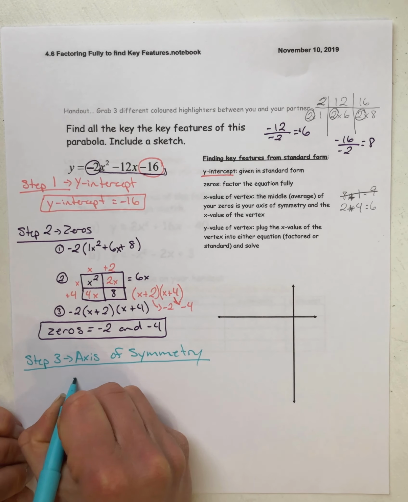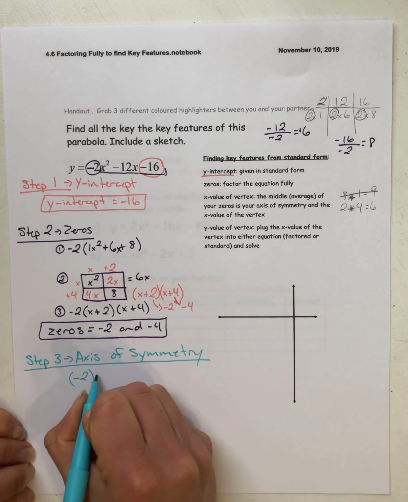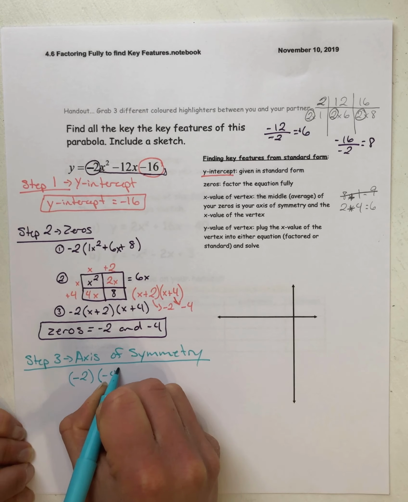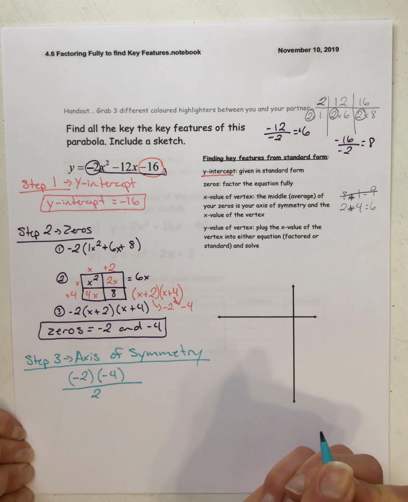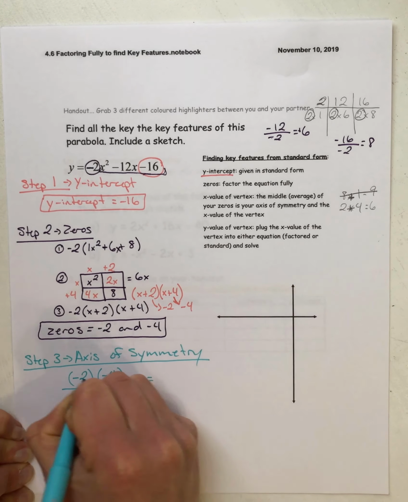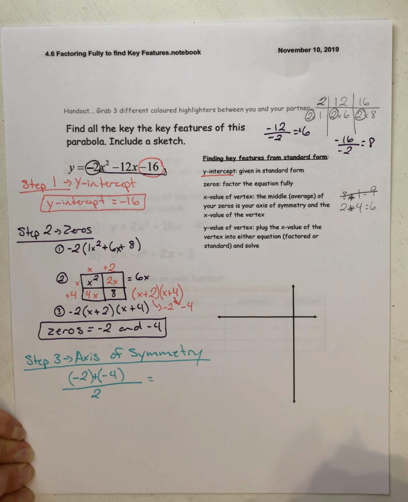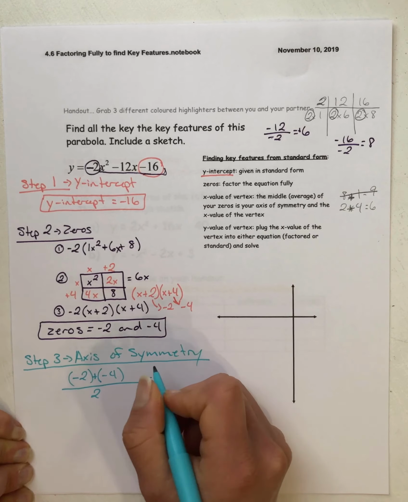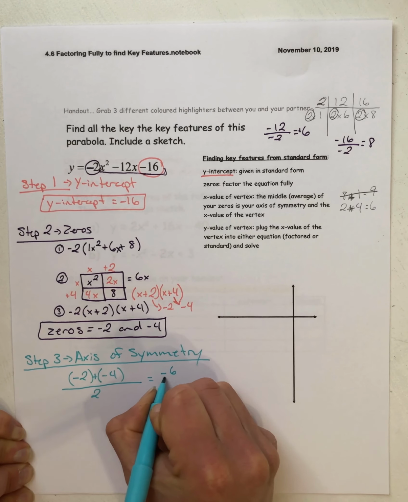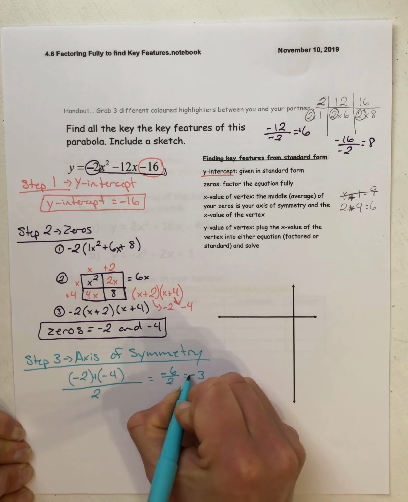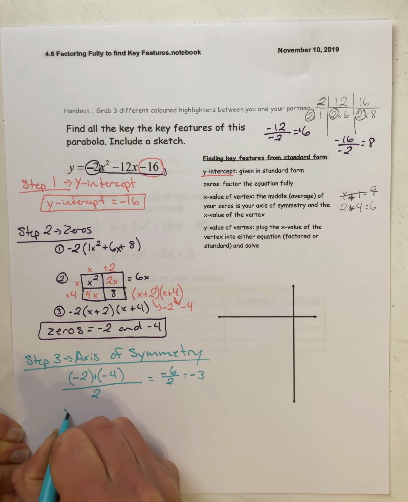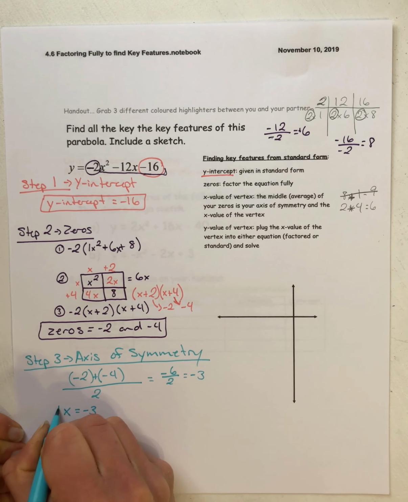So we add them together, so -2 plus -4, and we divide it by 2. So -2 plus -4 is going to give us -6 divided by 2, which gives us -3. So then we write our axis of symmetry, so our x is equal to -3.